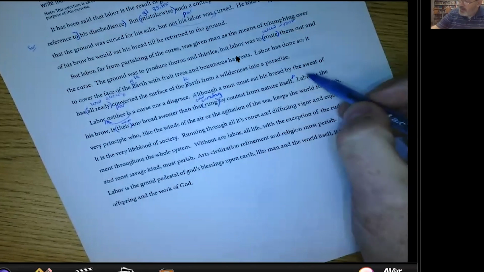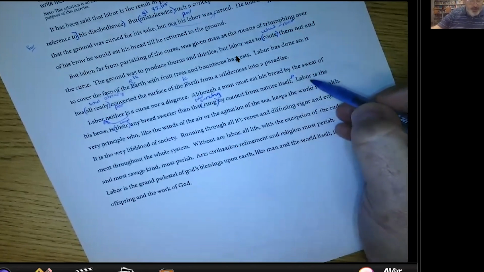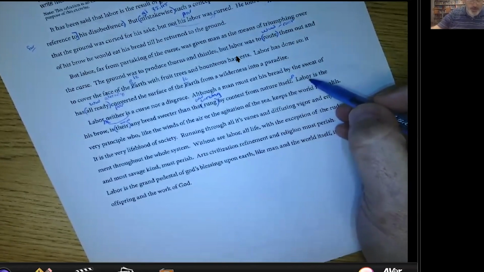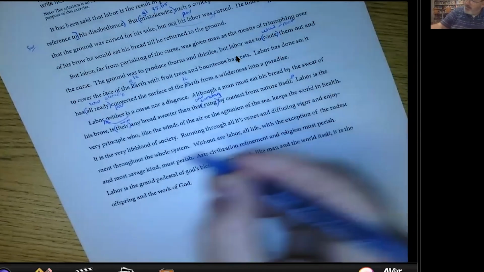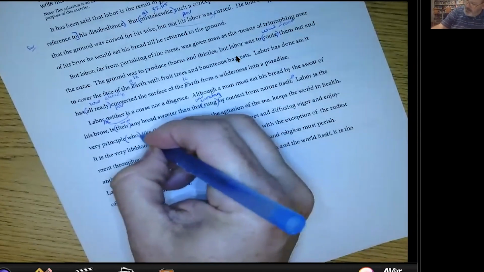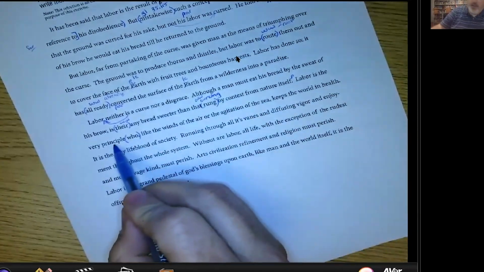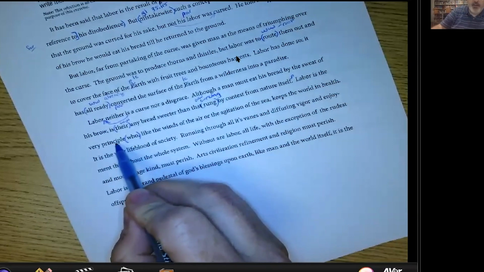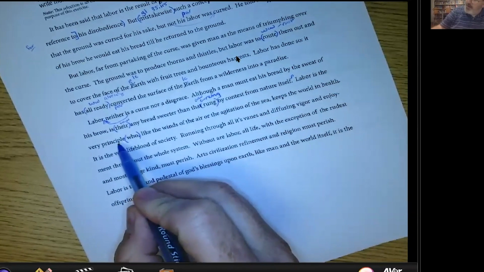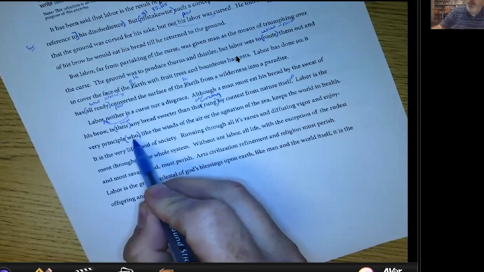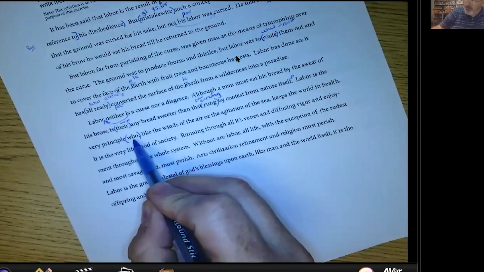That's a question mark. Labor is the very principle who, okay, principle is not a person, it's a thing. Remember when we talked about pronouns, who and whom are only used for people.